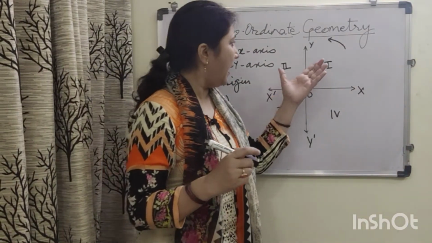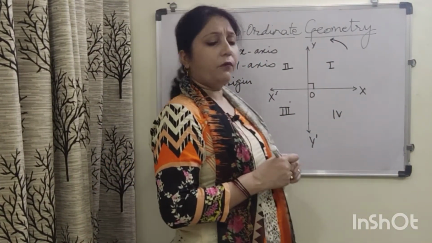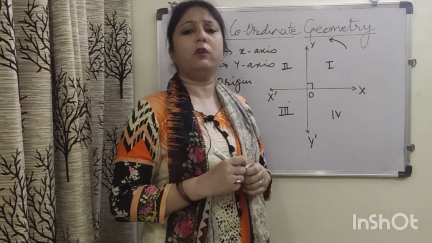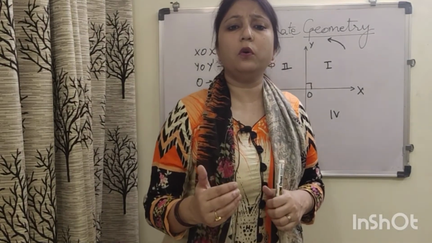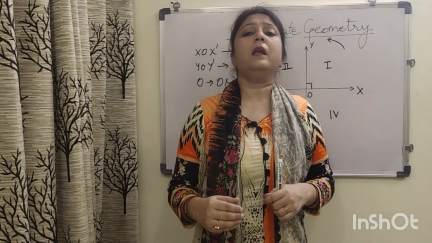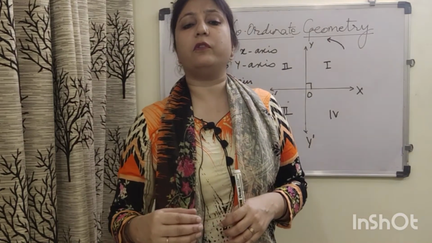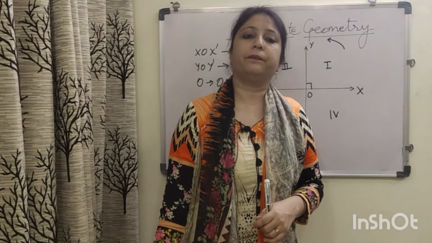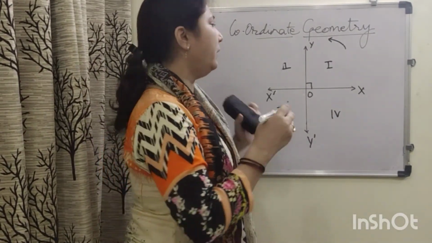Now coming back to this figure, first of all, I would like you all to know the equation of x-axis, equation of y-axis, equation of a line parallel to x-axis, equation of a line parallel to y-axis. Now, let us move to the beginning.